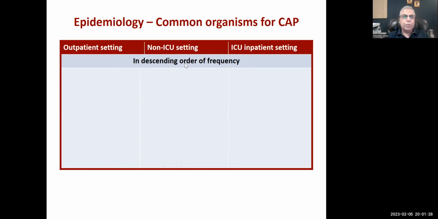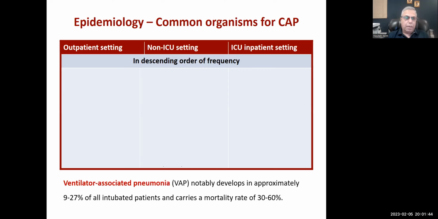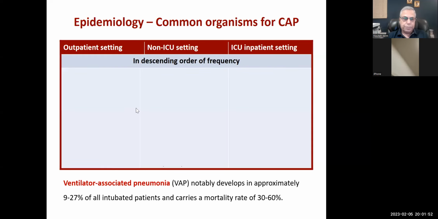Now I'm going to show you the common organisms in community-acquired pneumonia in the outpatient setting, in a medical ward, non-ICU meaning any ward other than ICU, and then inpatient. More or less the same bacteria, in descending order of frequency, which means the most frequent are at the top.